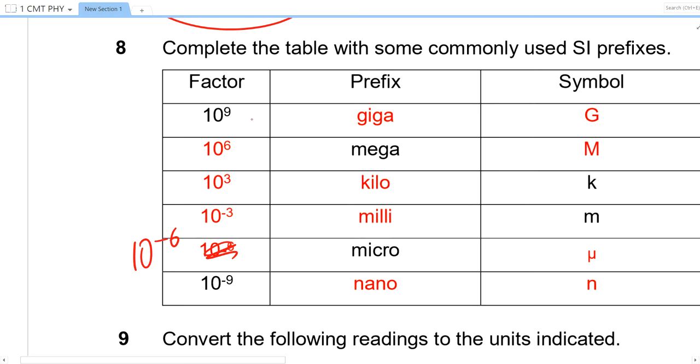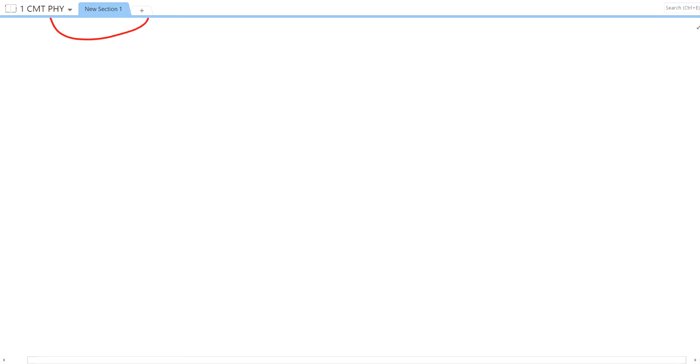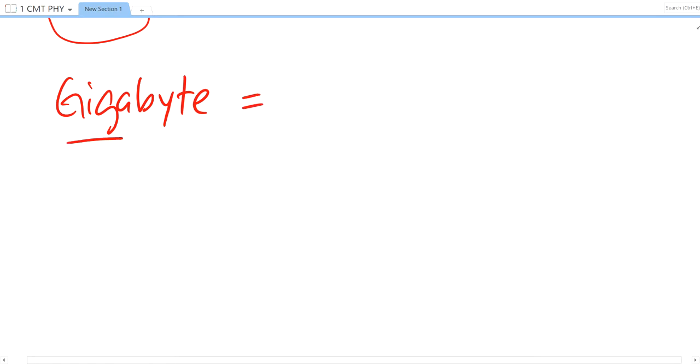Have you heard of this term, giga? When? Gigabyte? What is gigabyte? When do we use this word gigabyte? Phone? Data plan?